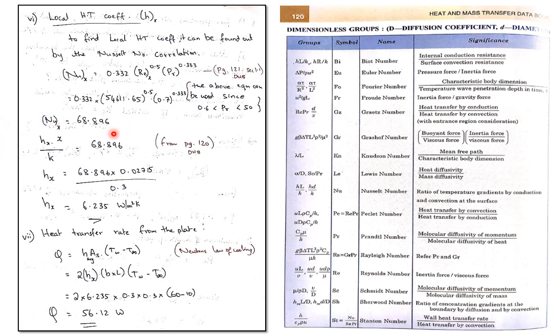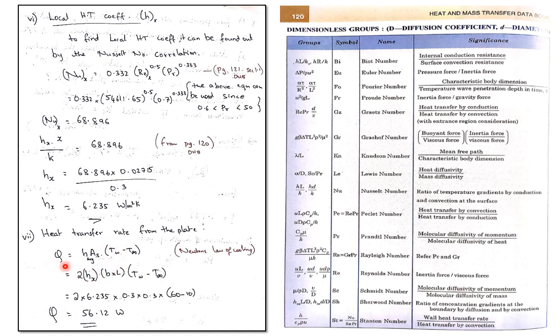How to find hx from this? From page number 120, Nusselt number is hL by k. Replace L with x, as he has given the x value. Substitute the values of x and k to find hx. Since hx is given, whenever you want to substitute it in the formula, just multiply it with 2.